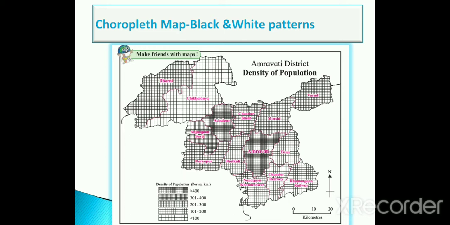First we have seen tints, where the same color is used to show the population density, and this is the method with black and white patterns, showing how they are used to show density of population. The first step is to classify the maximum and minimum value of the given variable. Then we can show it with the help of tints or black and white patterns on the choropleth map.